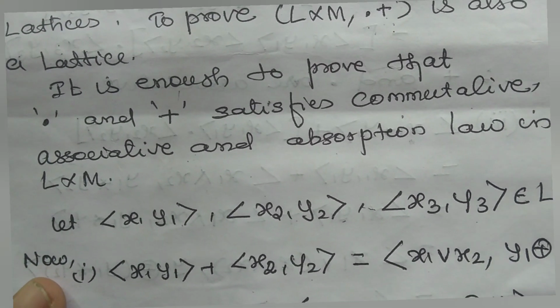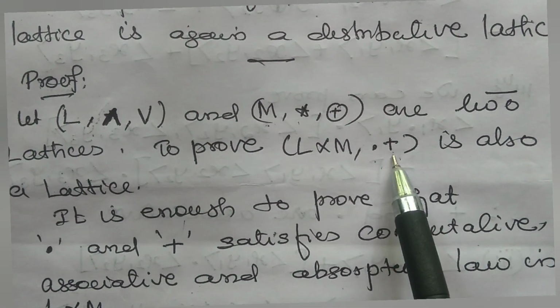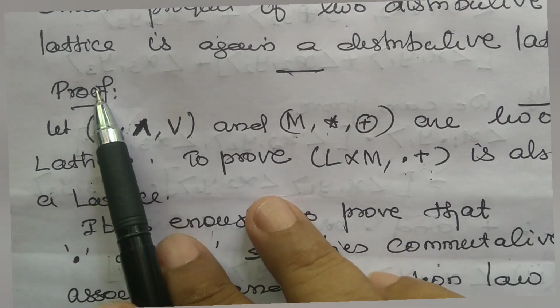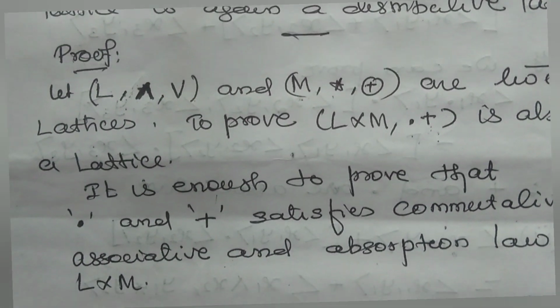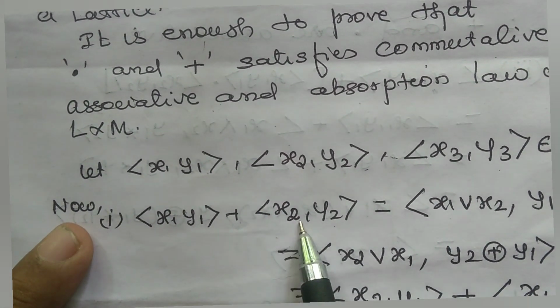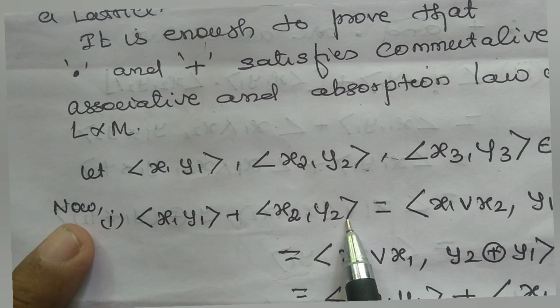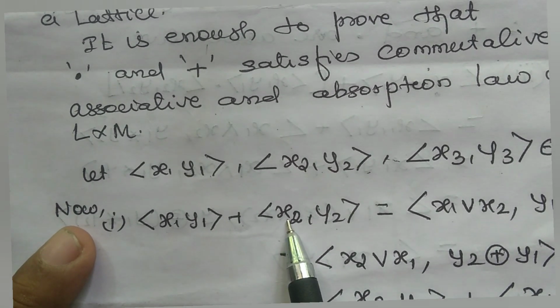We take the second operator of this L cross M. So (x1, y1) plus (x2, y2) is equal to, by our definition, we take the first coordinates x1, x2.